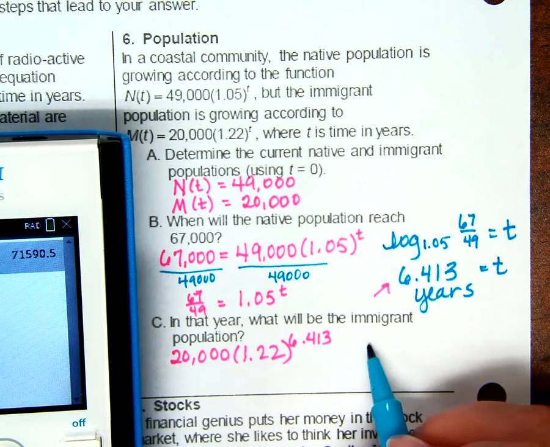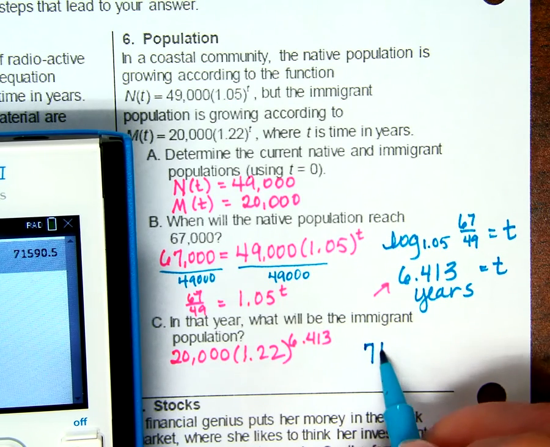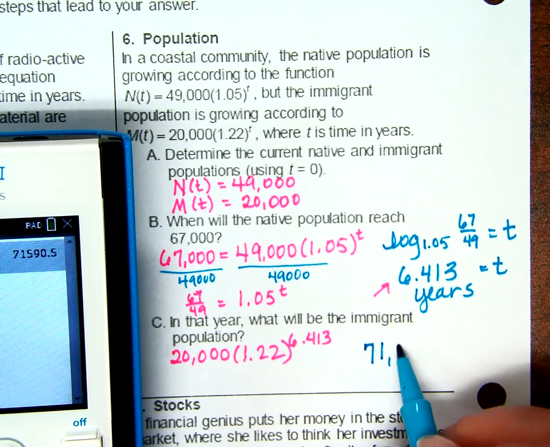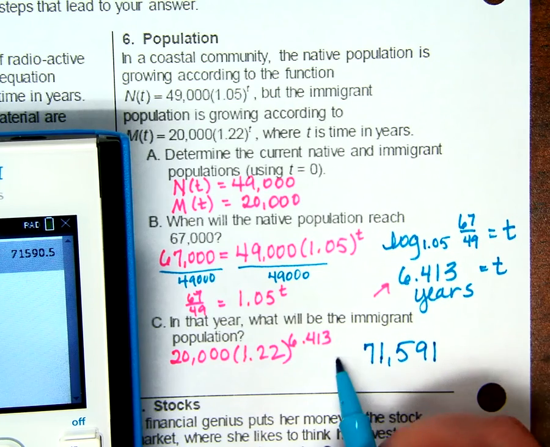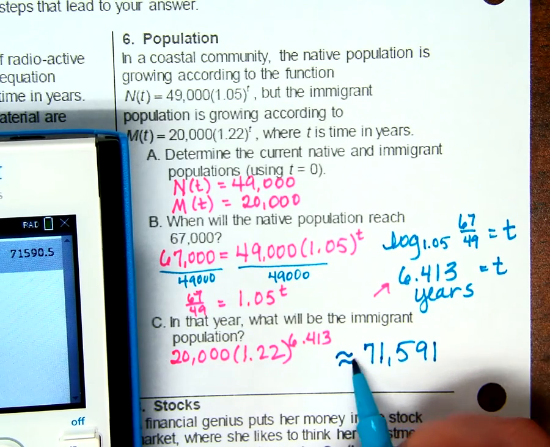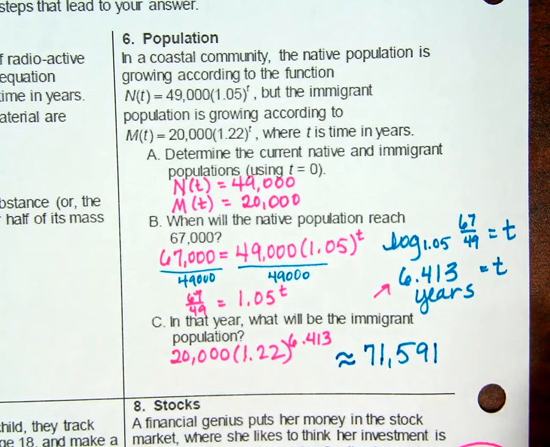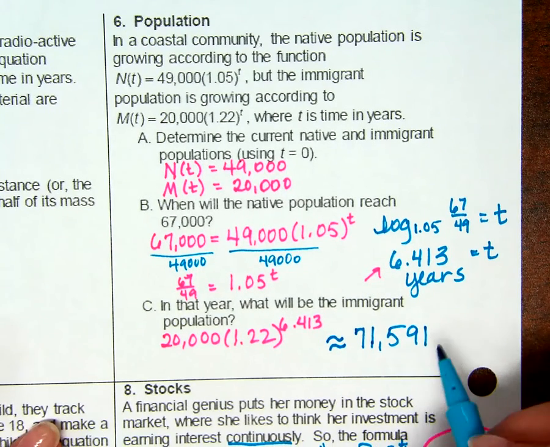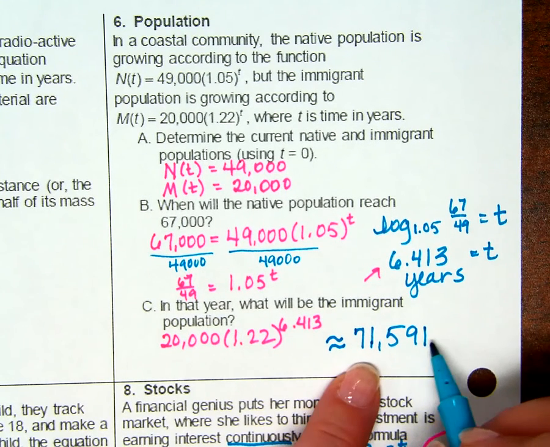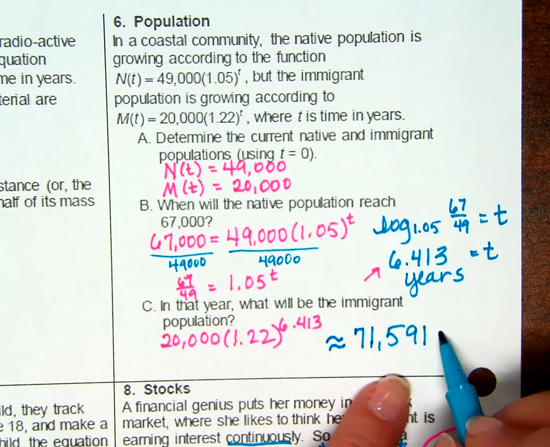So what do you think? 71,591. And let's put this here also. Why am I going to put that there? Yeah, it was rounded, right? Approximately that many what? People, right? Immigrants.